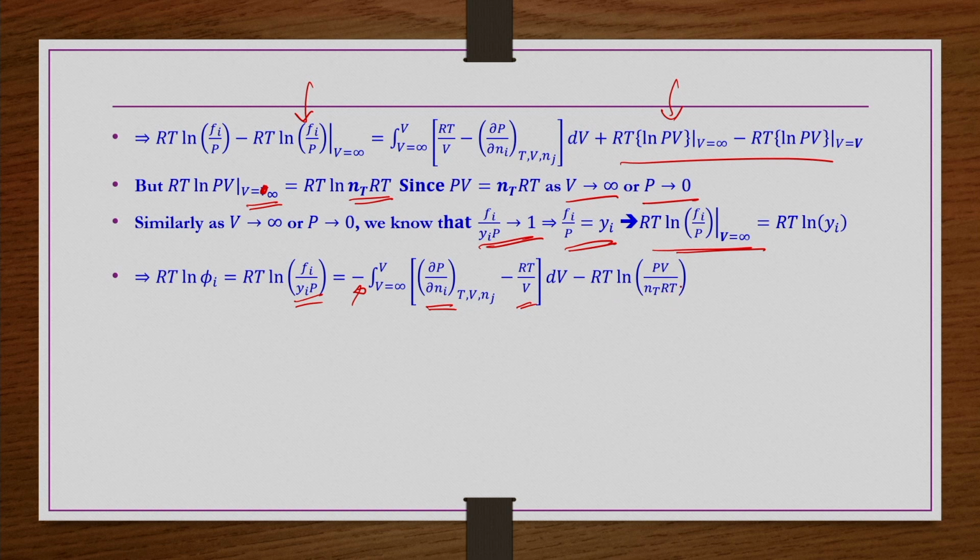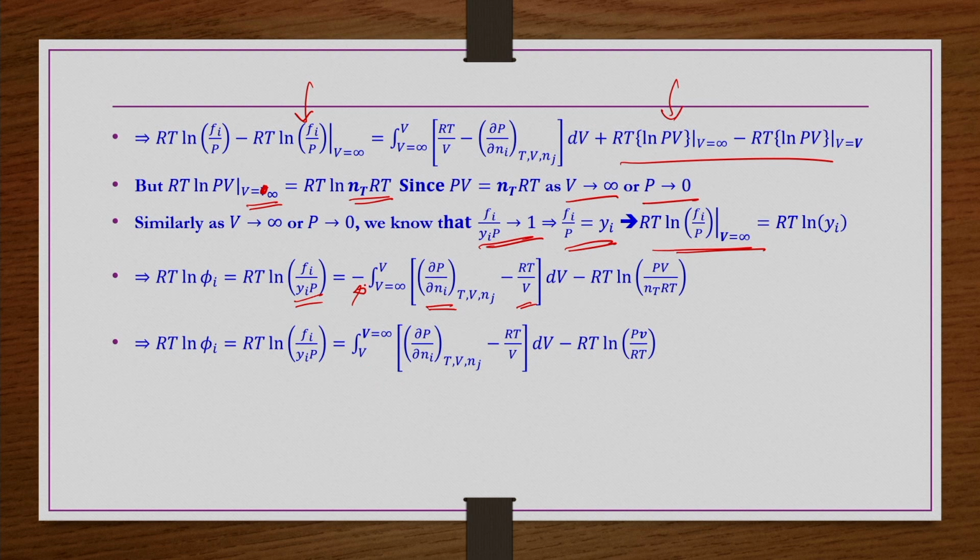So, this is nothing but RT, and PV by n_T RT is nothing but P small v by RT, that is nothing but Z. Okay. Now, here, in order to remove this minus symbol, I am changing the integration limits, from a certain V to V equal to infinity, reversing the lower and upper limits, right.